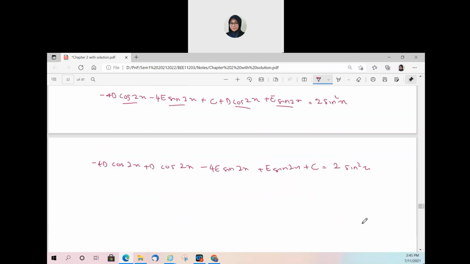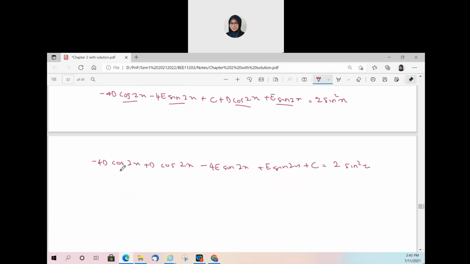So minus 4D cos 2x plus D, then here you have minus 3D cos 2x. This one minus 4 plus E, you have minus 3E sine 2x plus C equals to 2 sine square x.